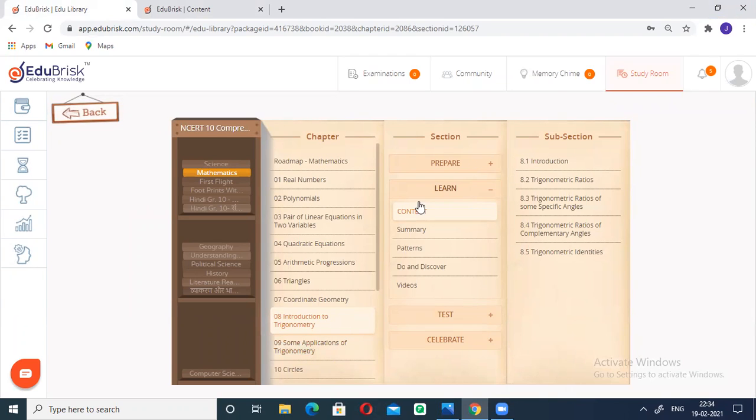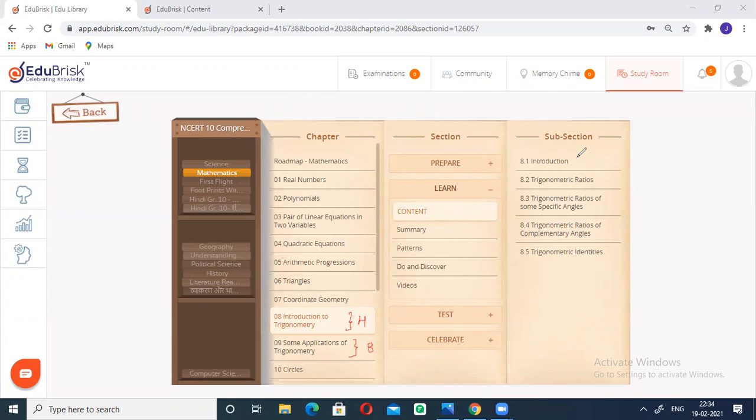The total weightage for these two chapters is 12 marks, and out of which, as per the new sample paper, around 8 marks is coming from the chapter Applications of Trigonometry. So the remaining 4 marks will be coming from the chapter Introduction to Trigonometry.